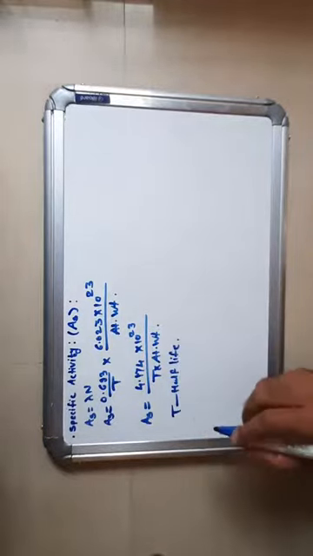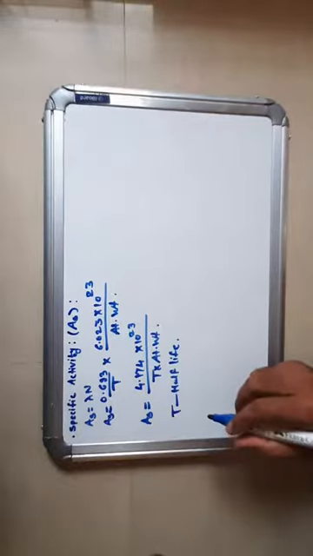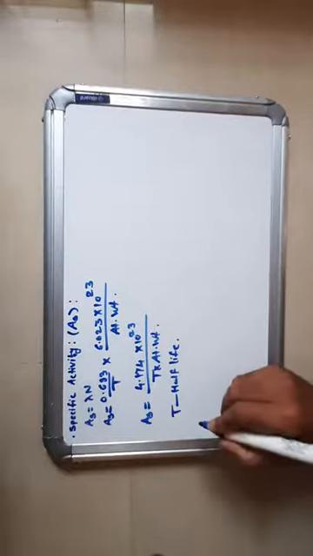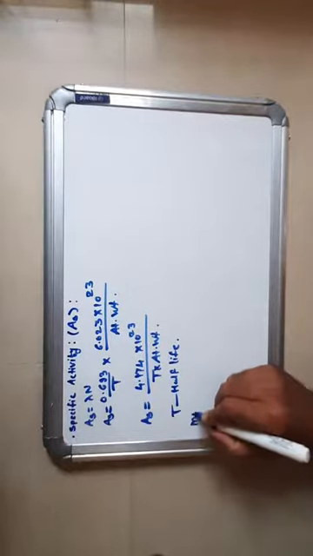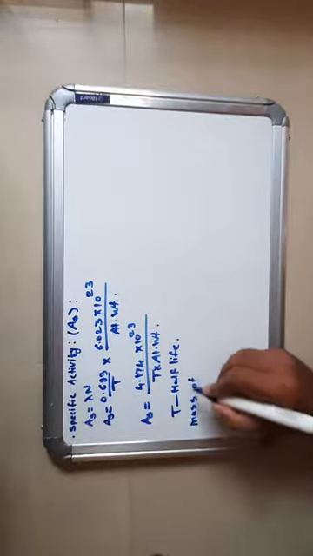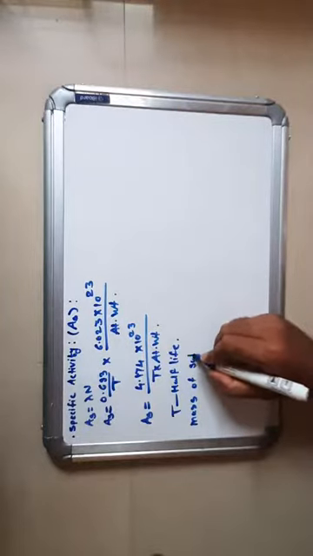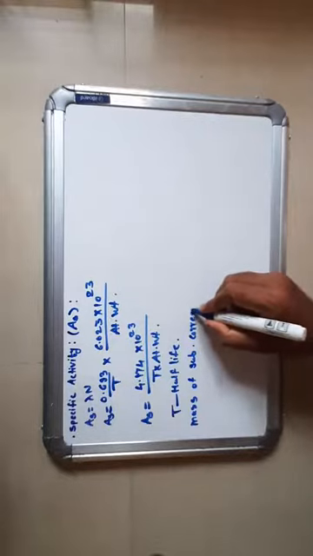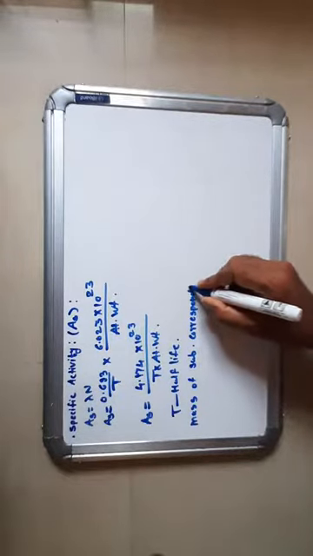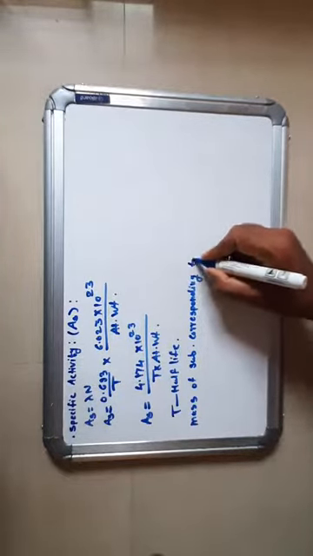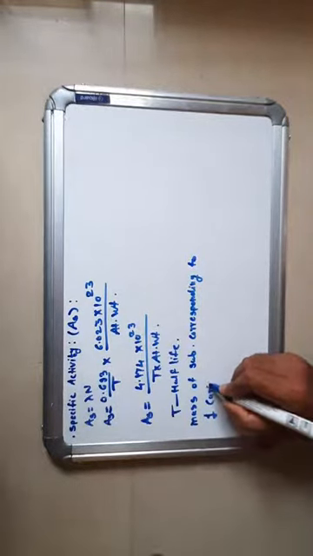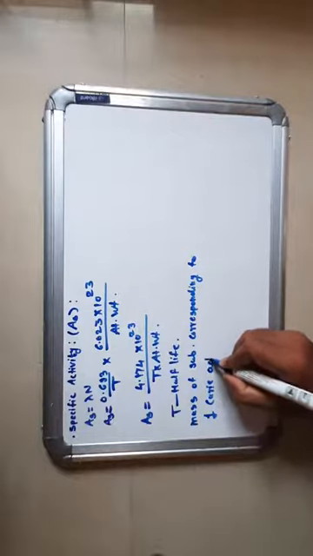Capital T is the half-life of the substance. Now the mass of substance corresponding to 1 curie activity.